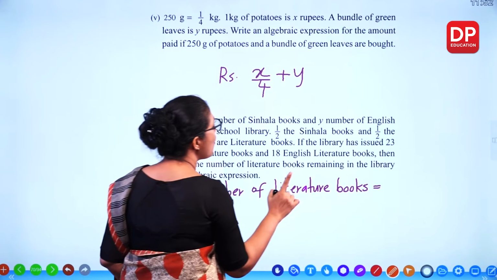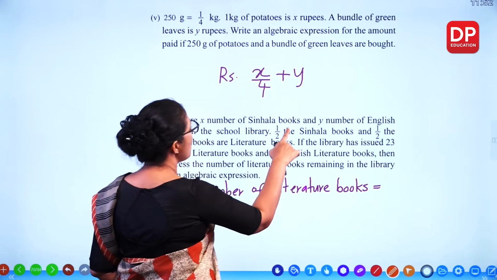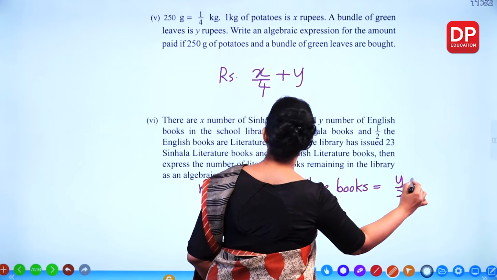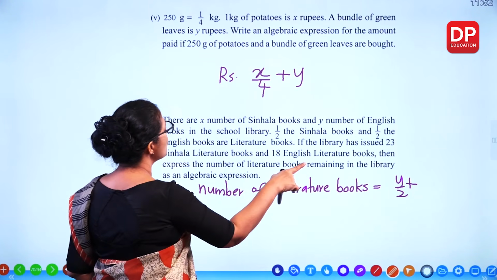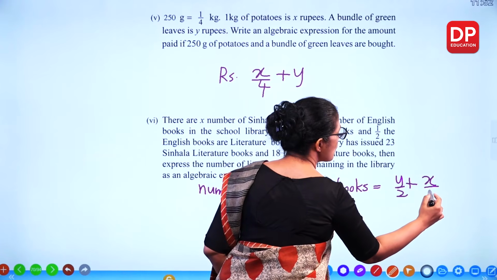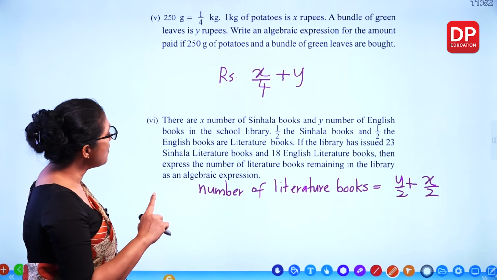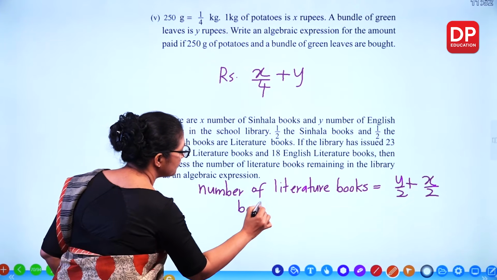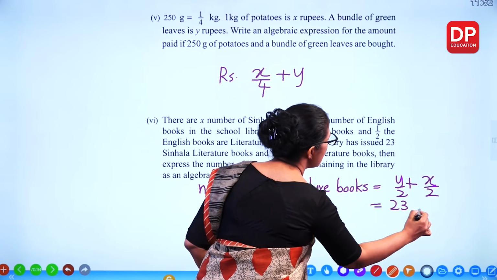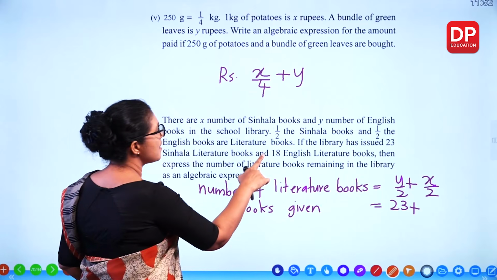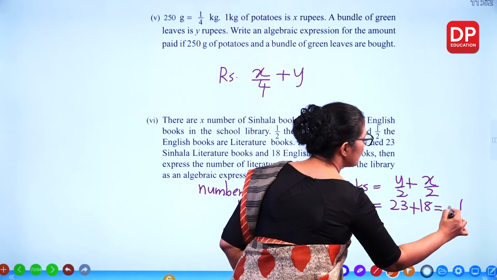It says half of the Sinhala books and half of the English books are literature books. So Sinhala books, X over 2, and English books, Y over 2. So that's the number of literature books. How many books were given? 23 Sinhala and 18 English books, so altogether 41.